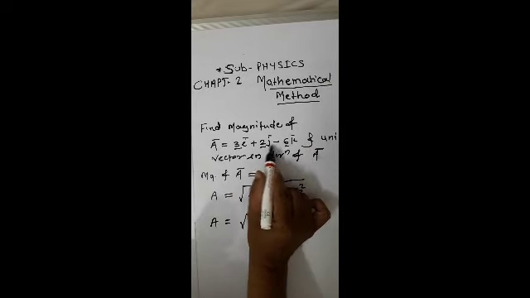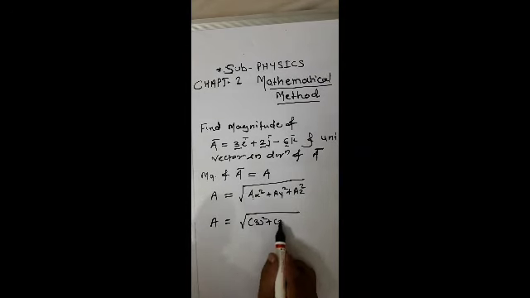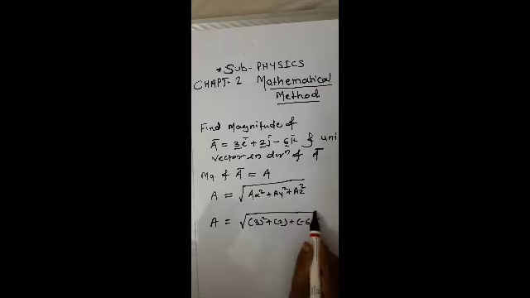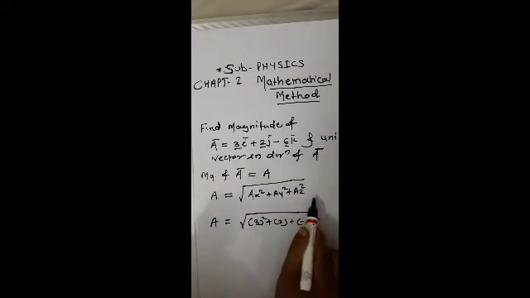That means we take the coefficients of i, j, k with their signs and take the squares. First, 3 bracket square plus 2 bracket square plus minus 6 bracket square. We can also write a bar as ax i plus ay j plus az k.